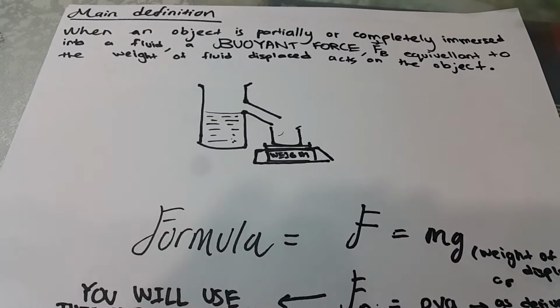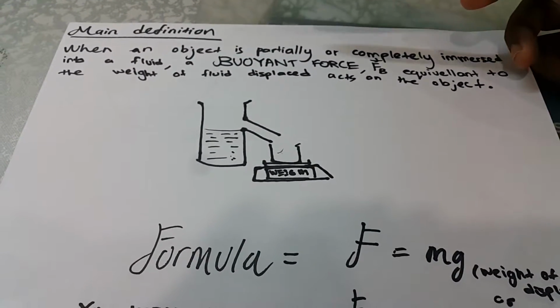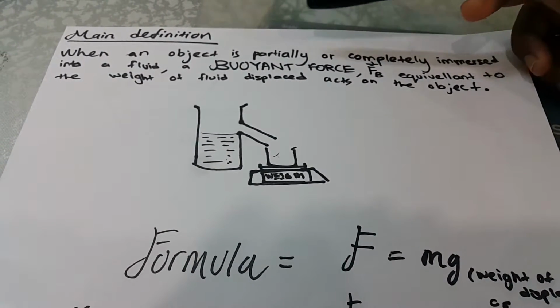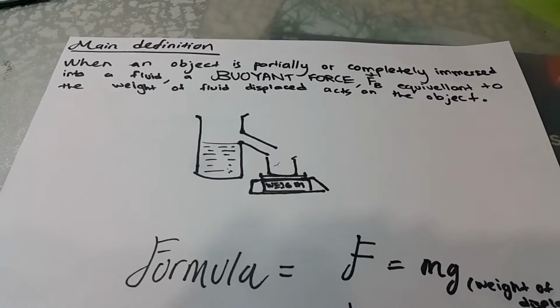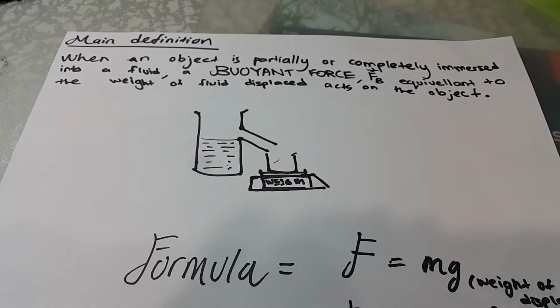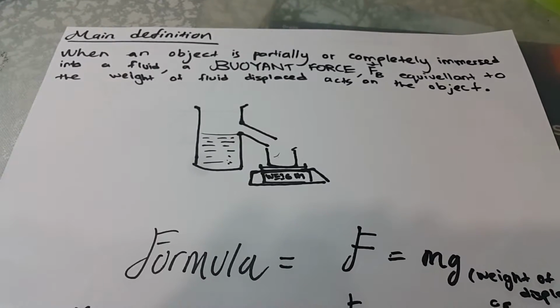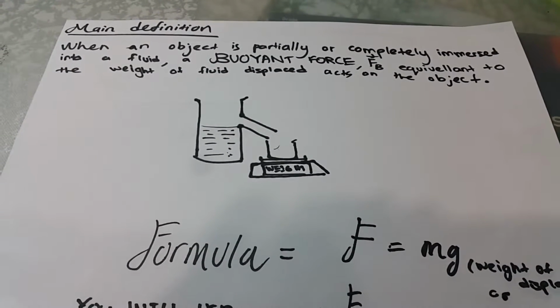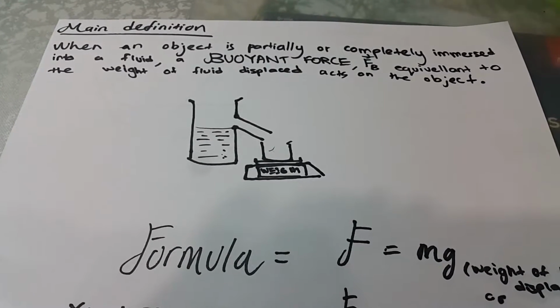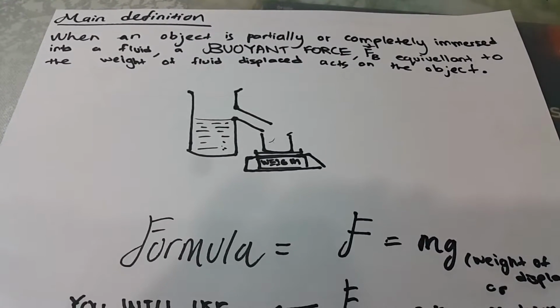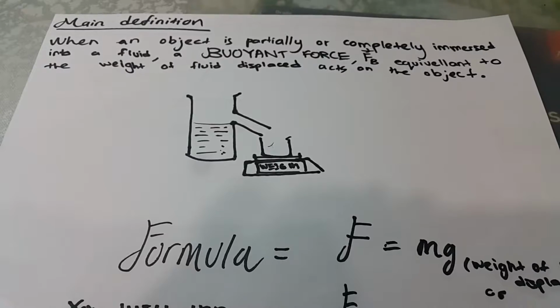The main definition for this principle that you find in textbooks, you need to memorize, as it usually carries 1 or 2 marks in essay or structure questions. So just memorize it first, then you try to understand, okay?